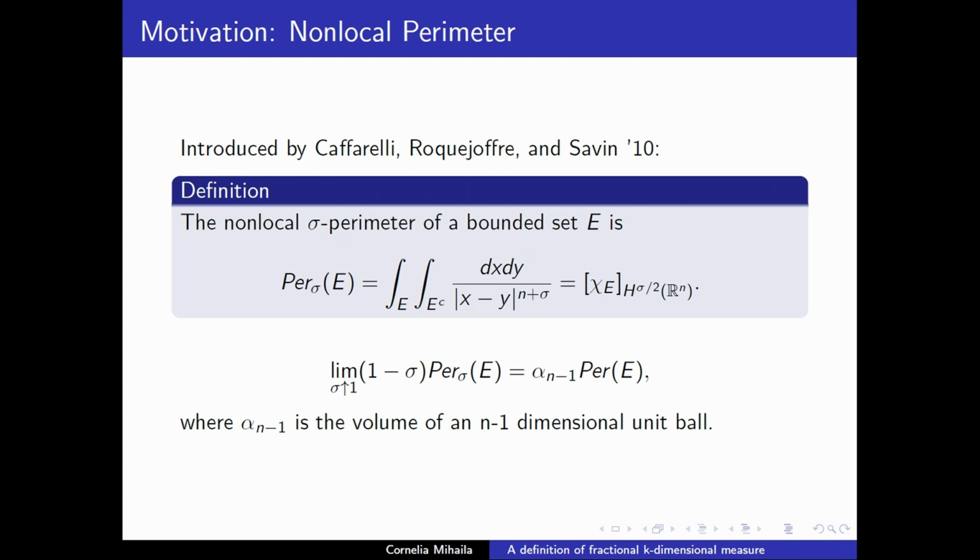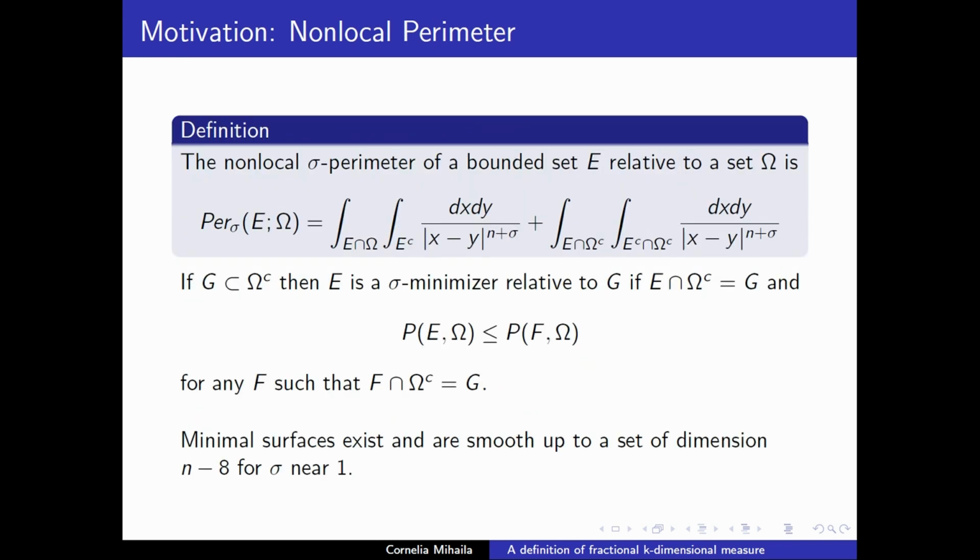The second thing to know is that when we multiply this by 1 minus sigma and take the limit as sigma goes to 1, this converges, up to a constant, to the standard perimeter. And in case you were curious, if you send sigma instead to 0, it converges to something related to volume. So it's kind of funky, a lot of fun, relatively popular in the last few years. And this can also be done for relative perimeter.